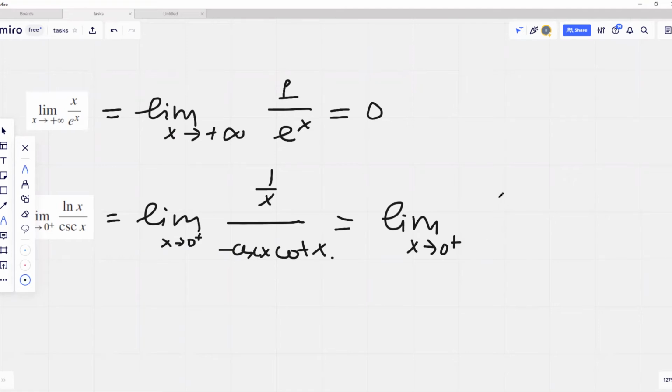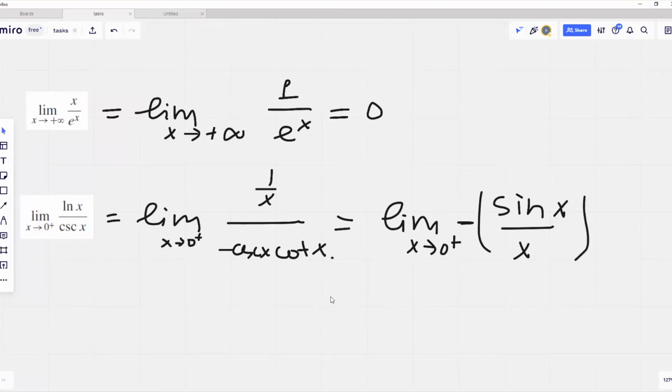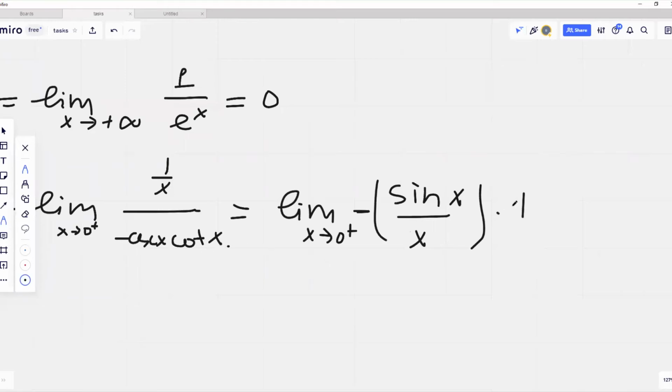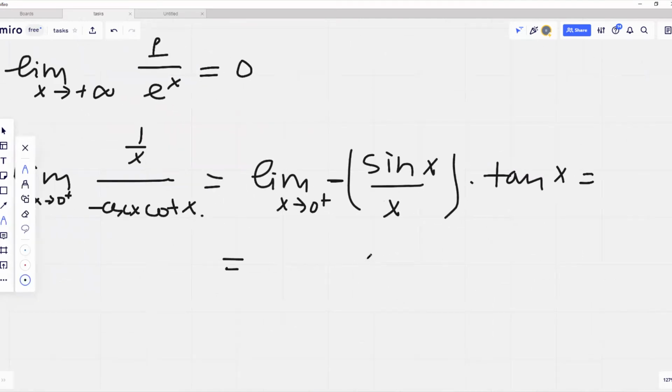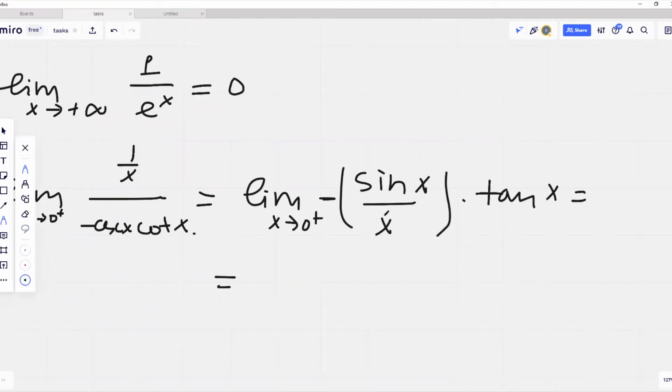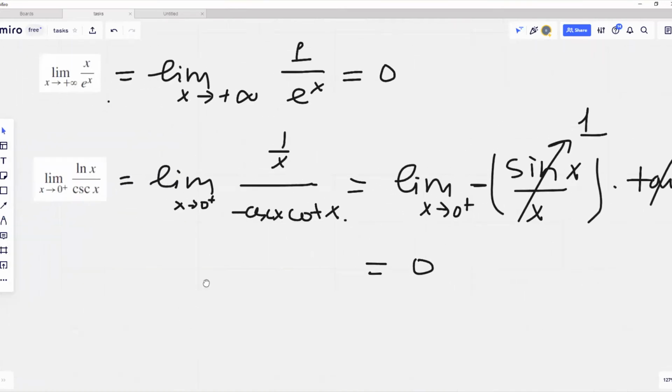This is 1 over sine, so getting sine in the numerator, we have sine of x over x, minus in front, and cotangent is written as tangent in the numerator. Okay, when x is approaching 0, this is approaching 1, and tangent of x is going to approach 0. All right, so that limit is equal to 0 then.